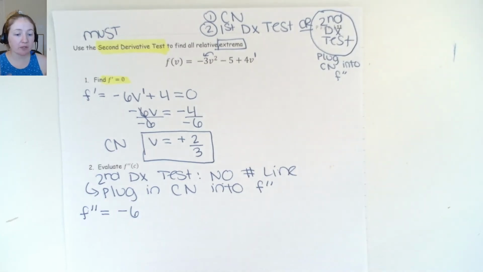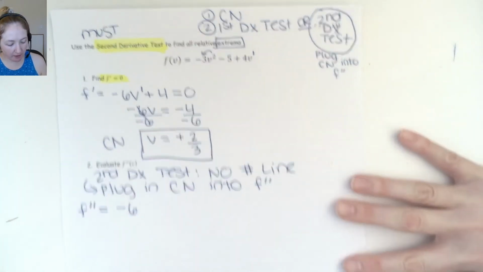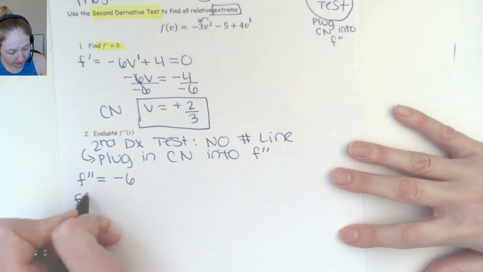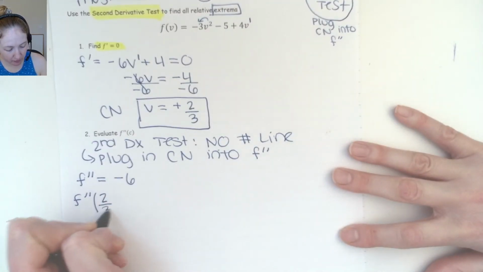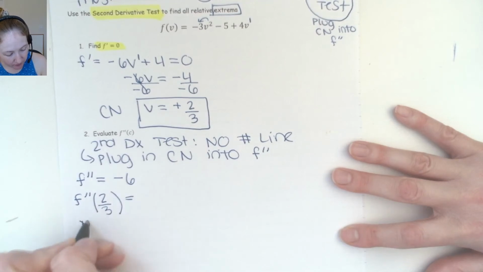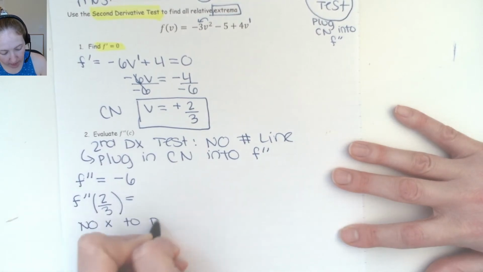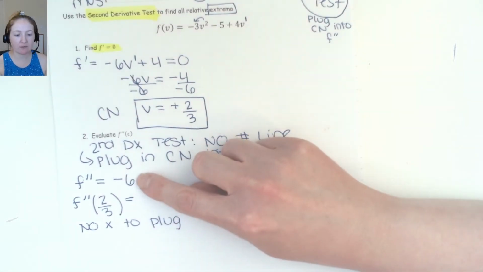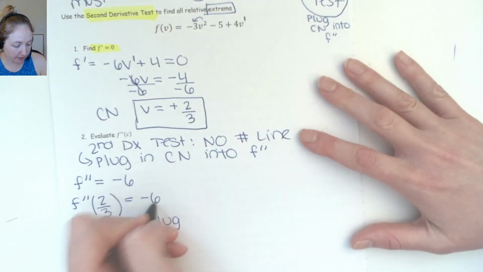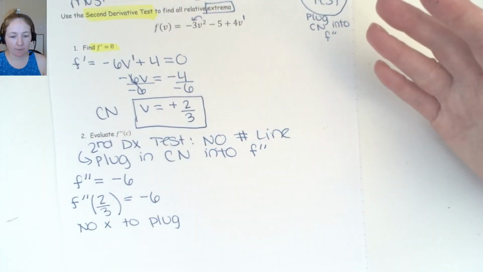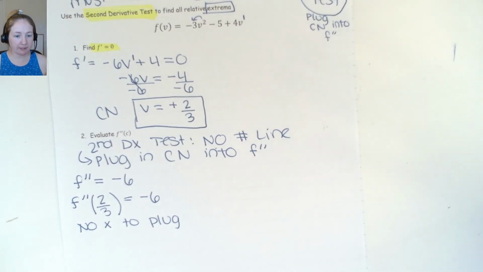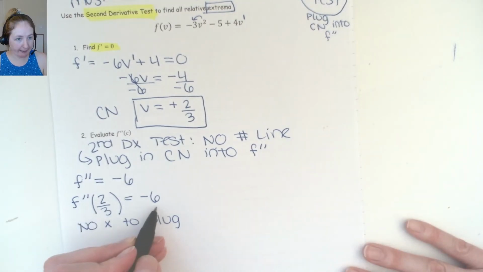Now, this is a really cool question, because if you look at plugging in the critical number of 2/3, there is no v there to plug in. You just have negative 6. So there's nothing to plug in, you're just getting negative 6. Either way, what you're going to see is that your second derivative is negative.